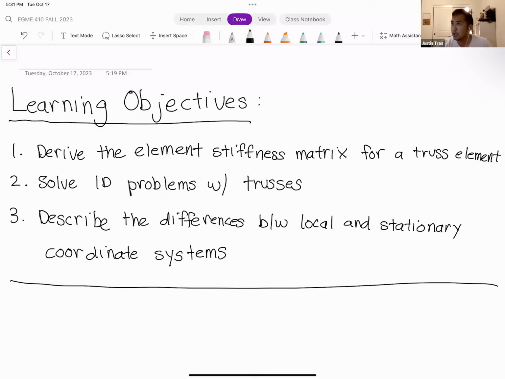We're going to introduce a new type of element called the truss element, talk about how that works and how that's factored in, and then start our discussion of 2D analysis using direct stiffness. Quite a lot to do today, and hopefully we'll get to a good point where we can pick it up on Thursday. Any questions before we get started?